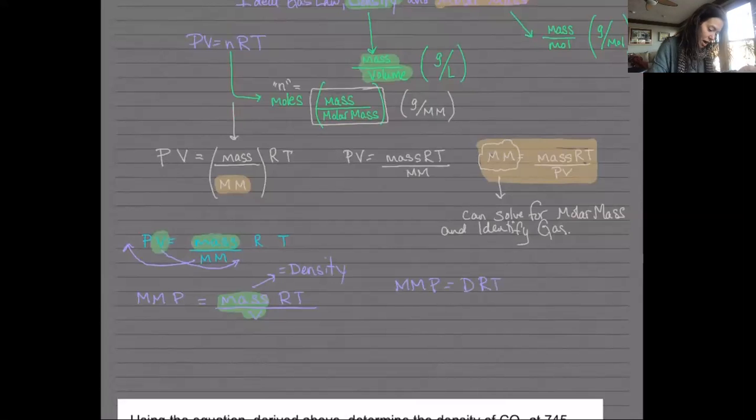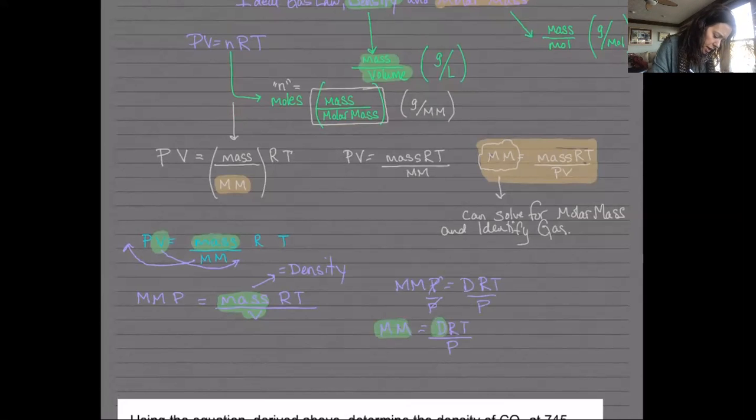We can divide both sides by the pressure, right? Then we have density equals molar mass times pressure over RT. We now have an equation that contains both the molar mass and the density.